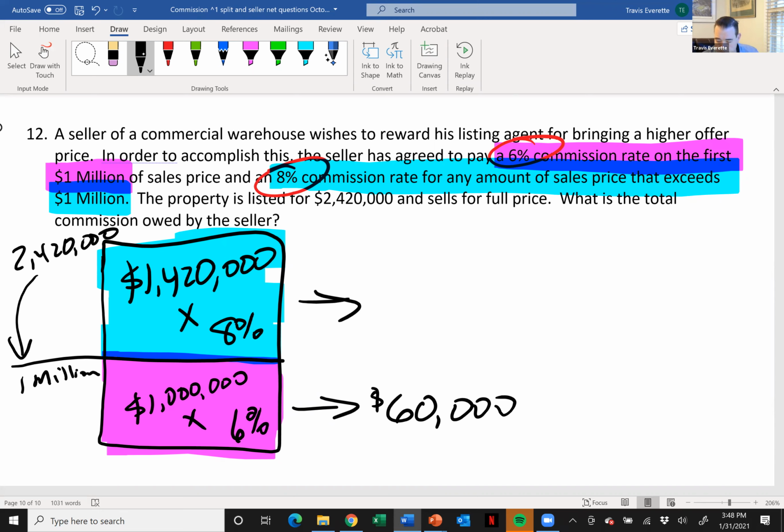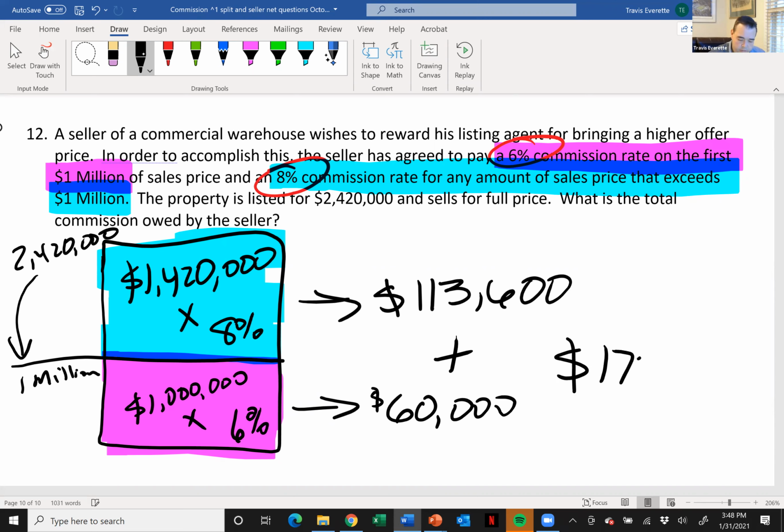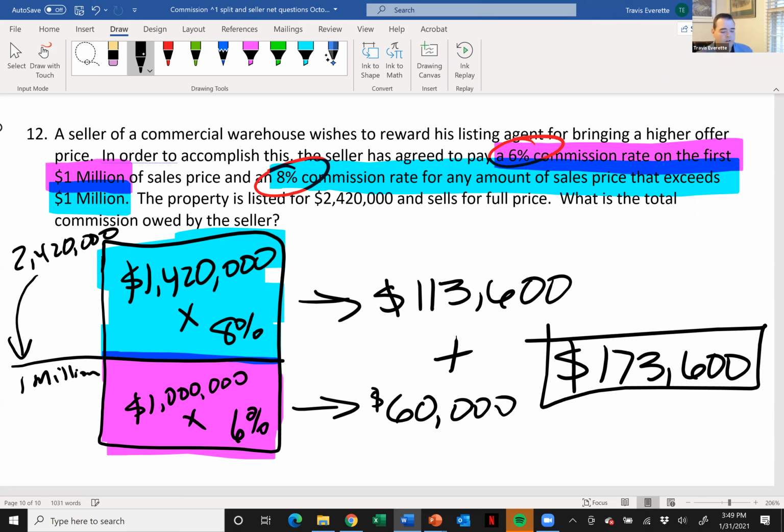That's $113,600 in that box. If we add them together, that's $173,600 in total commission on that transaction.